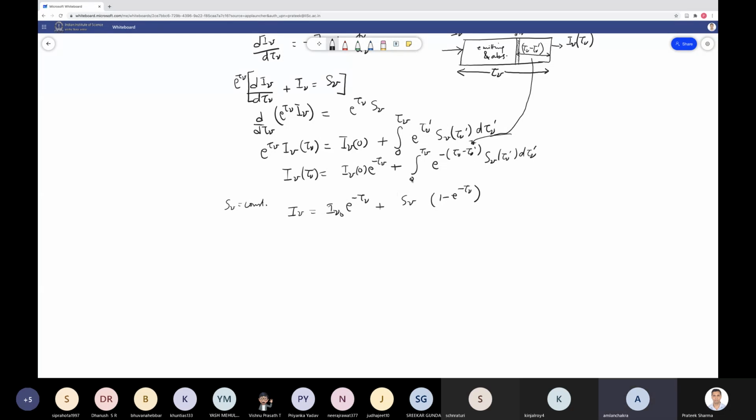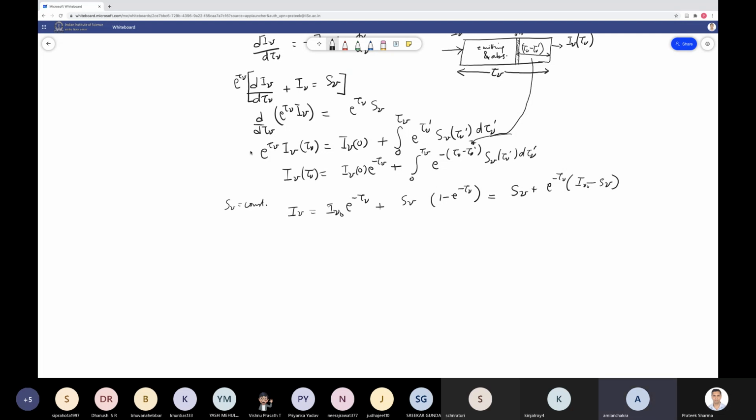So basically, you can also write it as S nu plus e to the minus tau nu times (I nu naught minus S nu), right?